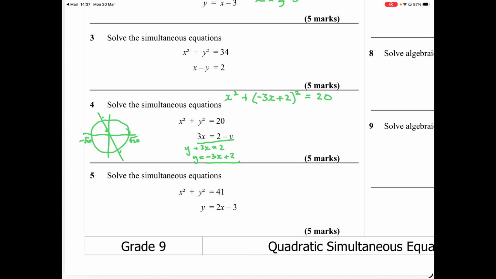Now we'll do a little grid so that we can see how this works. So that's minus 3x plus 2 times minus 3x plus 2.